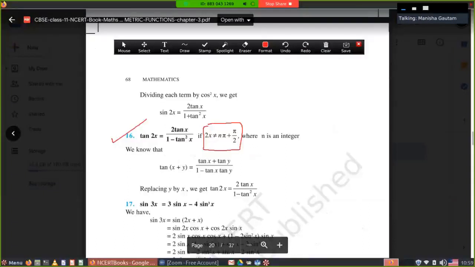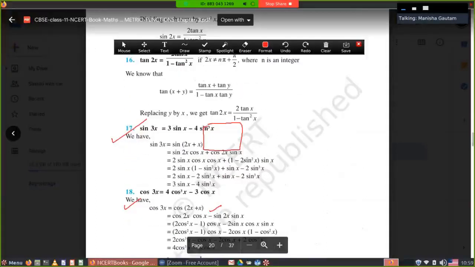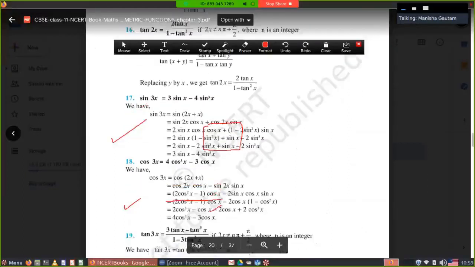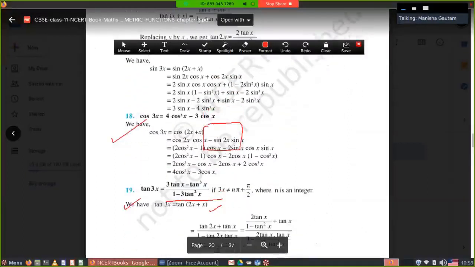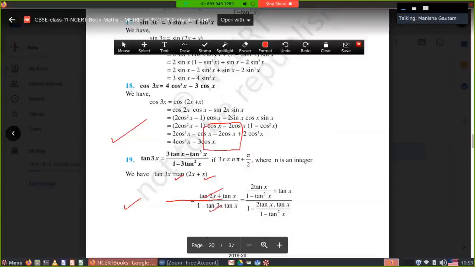Now sine 3x is 3 sine x minus 4 sine cube x. Cos 3x is equal to 4 cos cube x minus 3 cos x. Tangent 3x is equal to 3 tangent x minus tangent cube x upon 1 minus 3 tangent square x. Proofs are given here. You have to study these proofs also.